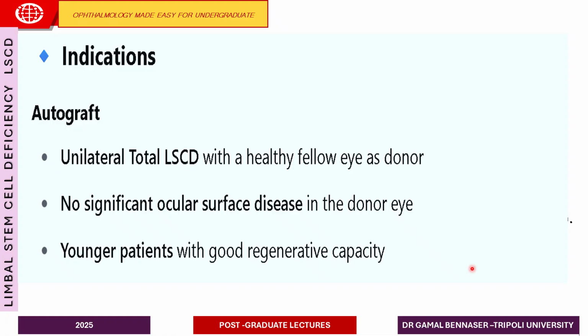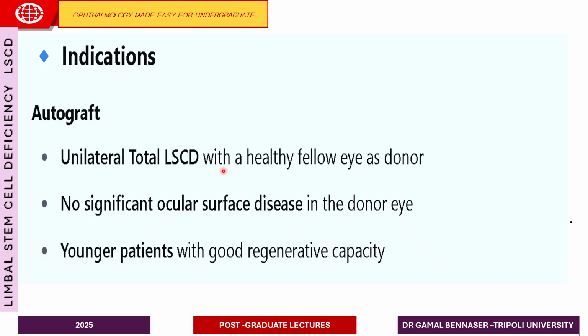Now, what are the indications of autograft? As I said, it is suitable for a unilateral total disease, provided the contralateral eye is healthy. And you can put 2 lines below this word. You should guarantee that the contralateral eye is very healthy, because if you are dealing with an autoimmune disease, even if it has an asymmetric presentation with a unilateral severe problem, usually the other eye has subclinical inflammation.